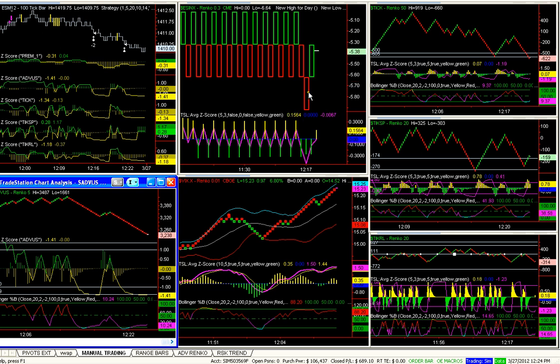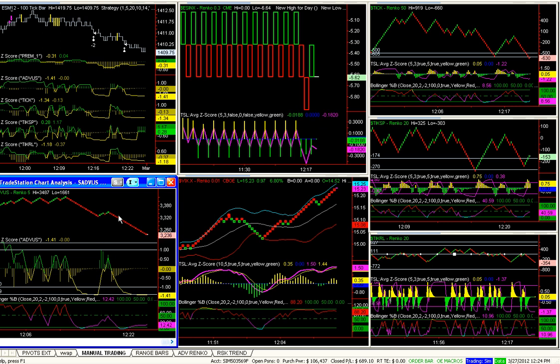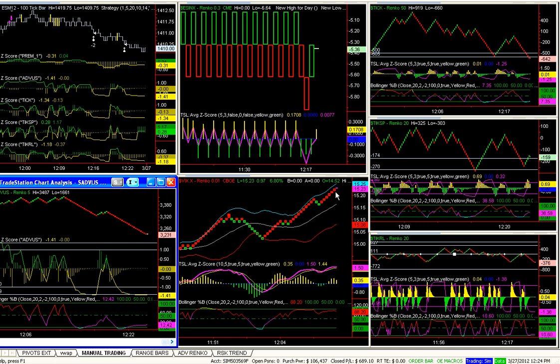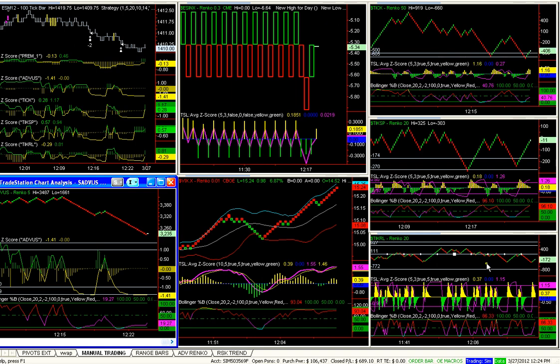I'm not sure that that's a new low. But the premium spiked down nicely. The AD is continuing to drop. VIX is continuing to move up. We're at an extreme on the tick of the S&P, and not so much on the Russell.